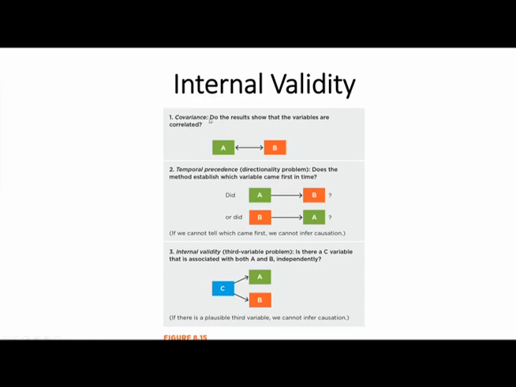So if we're looking at our covariance, we need to show that A and B are related to each other. If we want eventually to be able to say that A causes B, then we need to show that A and B vary together. They are co-varying.